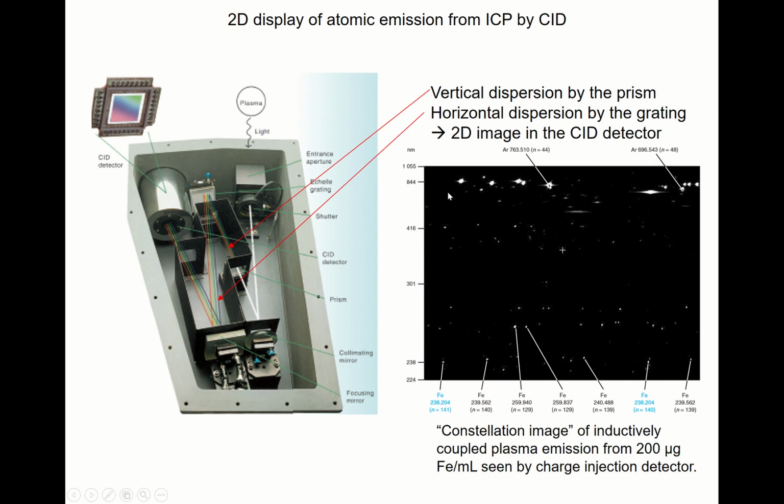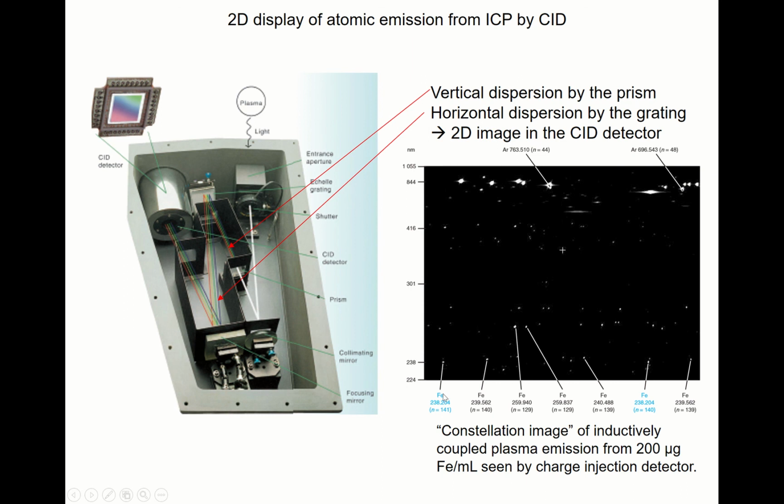This is one example. This is two-dimensional, and the y-axis is wavelength in nanometers, and the x-axis gives us the atomic mass.